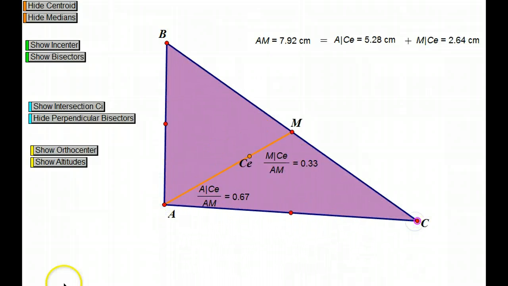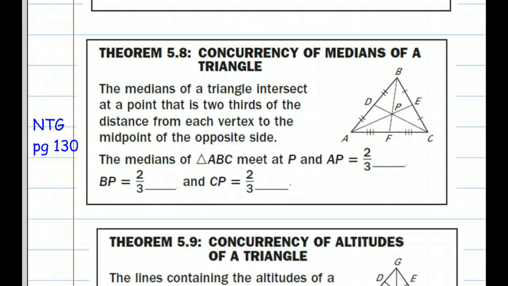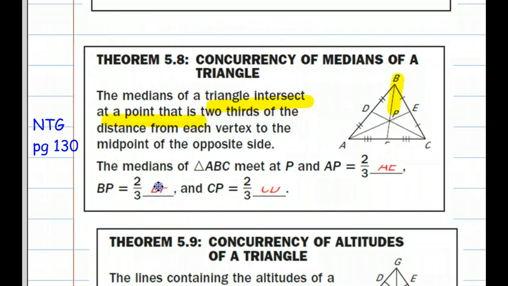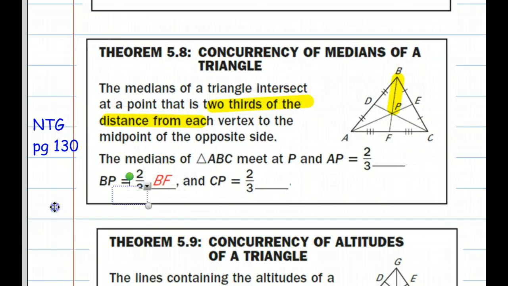So we have a property of centroids: the medians of a triangle intersect at a point, the centroid, that is 2/3 of the distance from each vertex. In this case, BP is 2/3 of the distance of the entire median, which is BF.